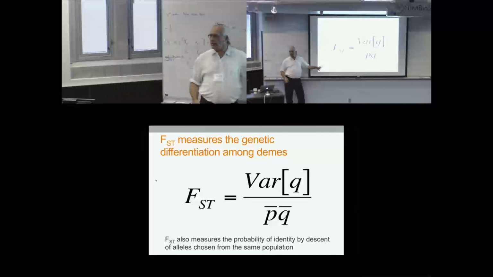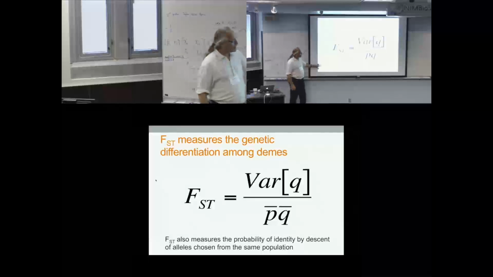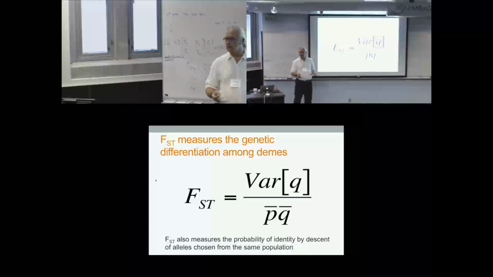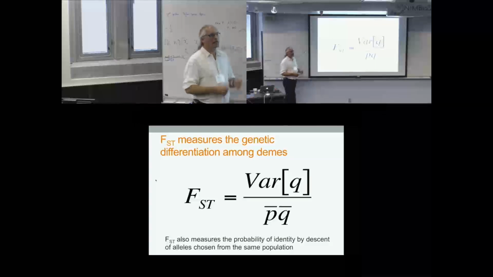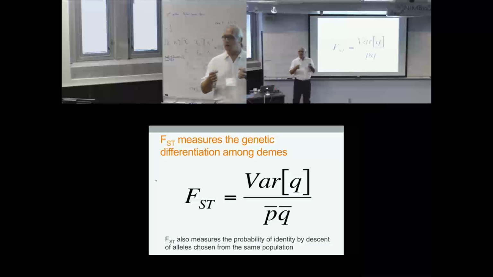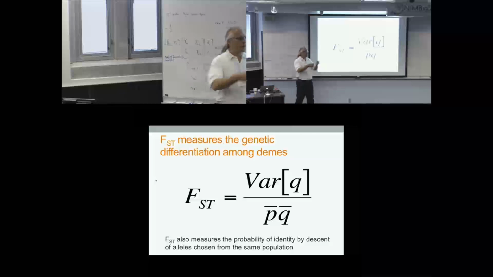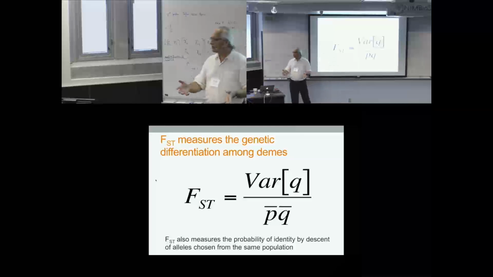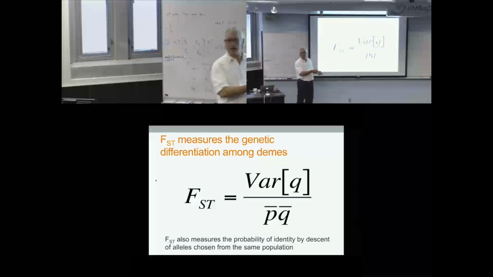Another thing FST is, broadly speaking, it's a measure of the probability of identity by descent of alleles that are in the same population. So if you take 2 alleles and you ask, are these the same over and above what you would expect just by looking at the overall species allele frequency, FST tells you that probability of them being identical by descent.